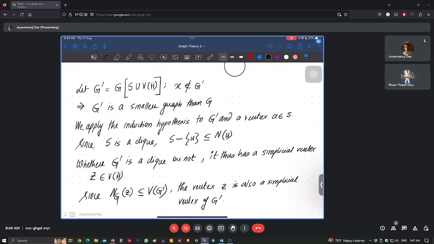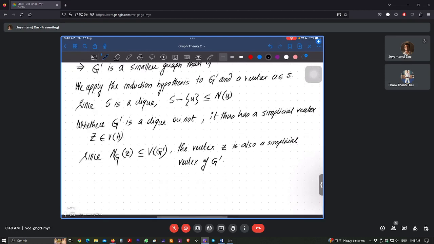And Z is a vertex with maximum distance from X, and hence we have achieved that particular vertex, which is a simplicial vertex, and Z has maximum distance from X as desired.